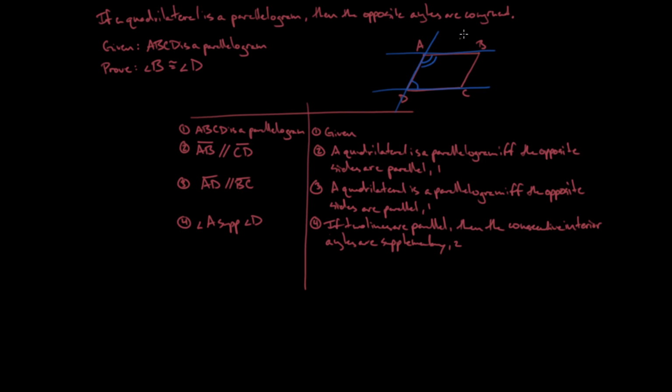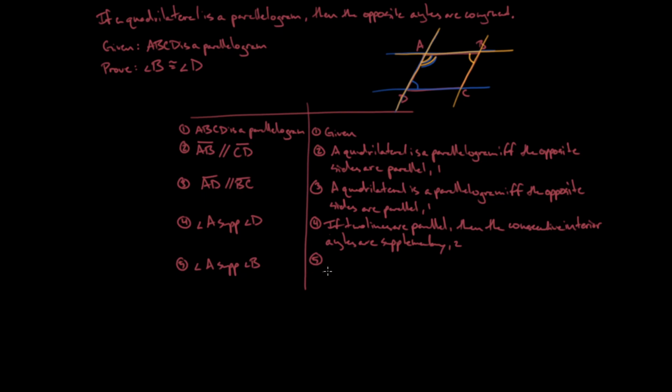Let me mark another pair. I also know that AD and BC are parallel, with the transversal being AB. So angle A and angle B are consecutive interior angles as well, and so they'll also be supplementary. If two angles are supplementary to the same angle, they're of course going to be congruent. I'm getting a little ahead of myself. Let's talk about angle A and angle B being supplementary first, but that's where I'm going with this. So angle A is also supplementary to angle B.